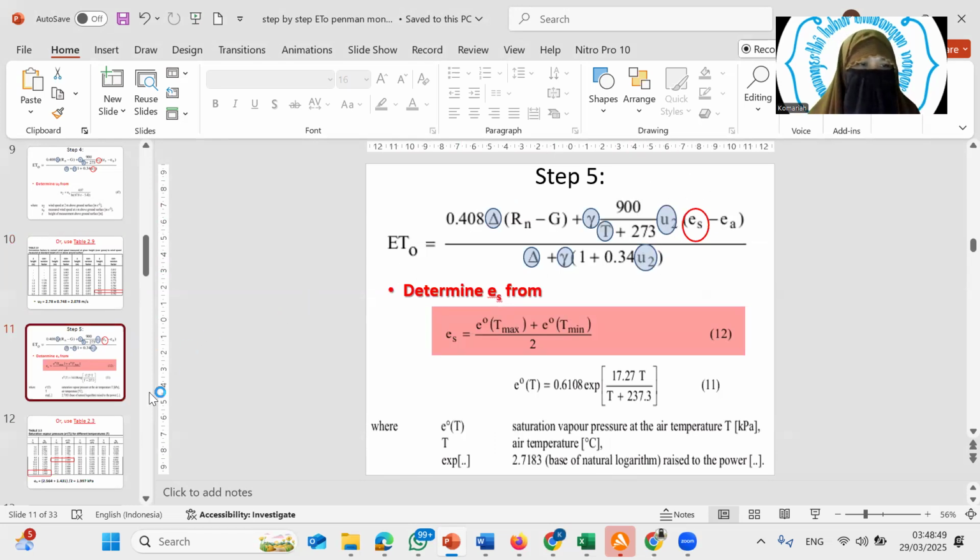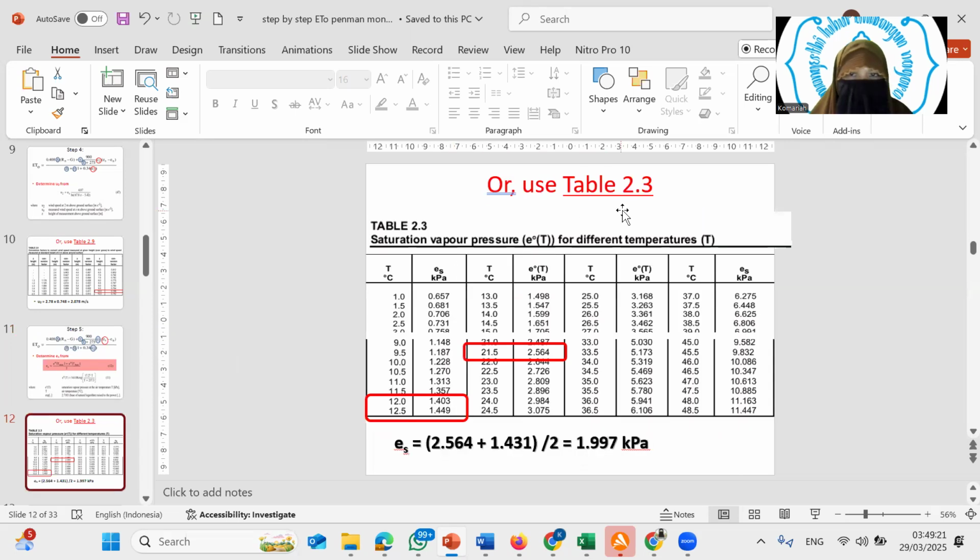Okay, and the next is calculating the ES. ES is the saturation vapor pressure at the air temperature. Okay, so this is the formula to calculate the ES. ES equals E0 saturation vapor at T maximum plus saturation vapor at T minimum, divided by 2, where the saturation vapor pressure at the particular T is this formula. Or we can use table 2.3, minimum and maximum temperature.